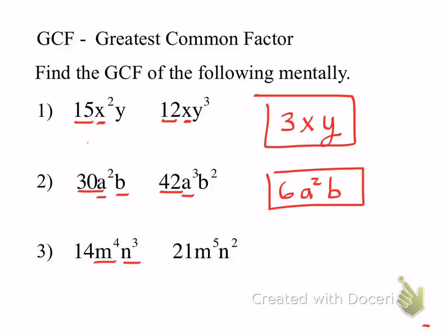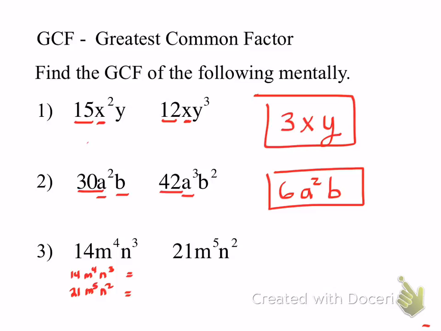If I were to expand 14m to the fourth n cubed and 21m to the fifth n squared into prime factors, let's just look at the variables.